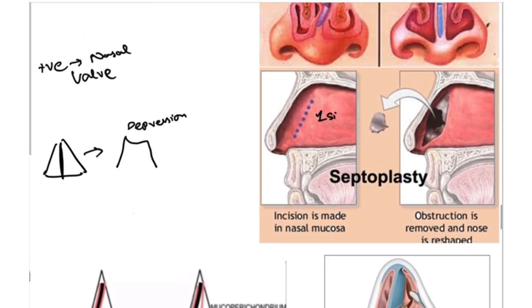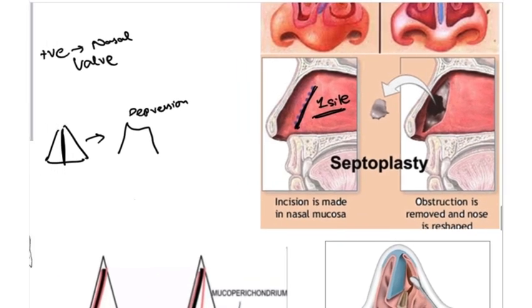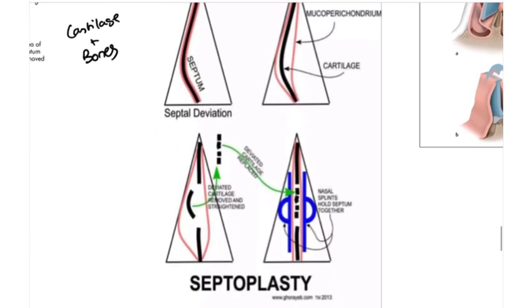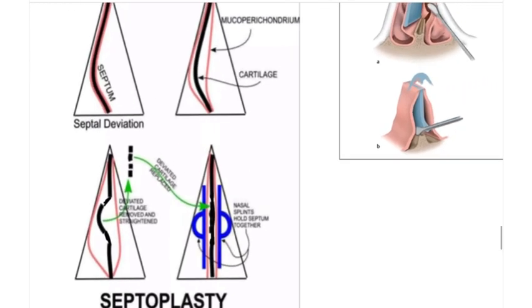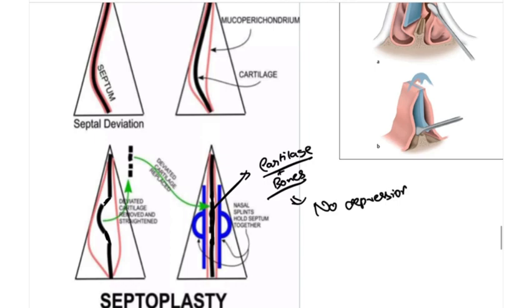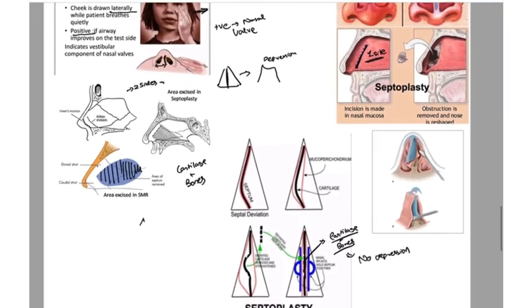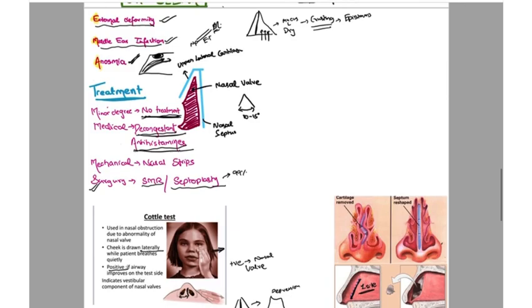In septoplasty we give incision on only one side, and then the mucoperiosteal and mucoperichondrial flaps are taken off and then we will take off the extra parts and fix it back. So here the cartilage and our bones are saved, and there will be no depression. So septoplasty is so much better than SMR. So this was all about deviated nasal septum.